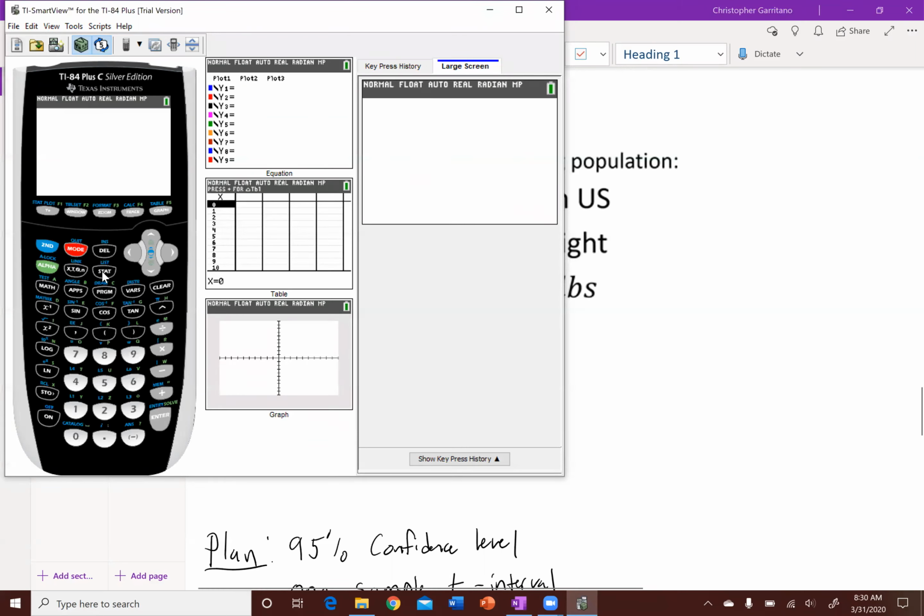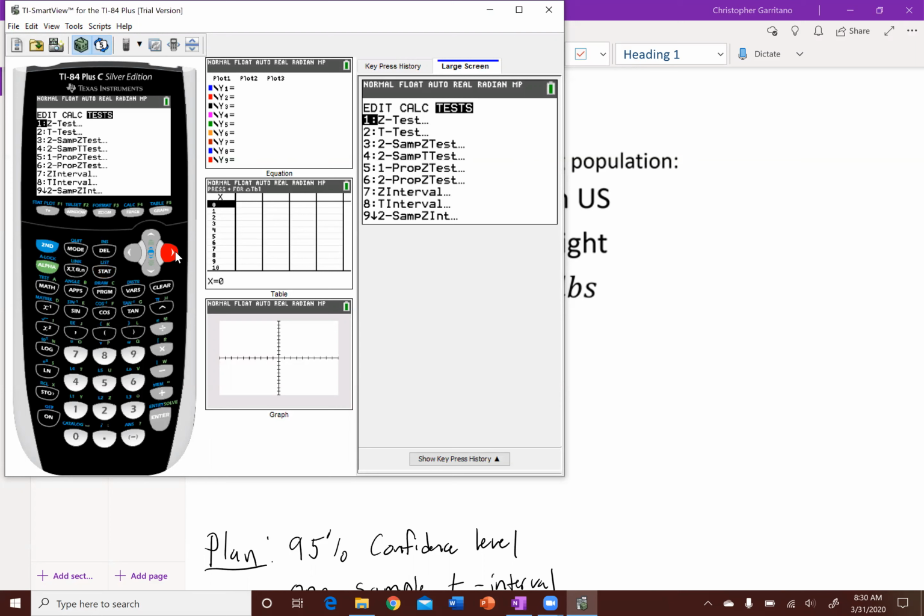So we're going to press stat, and we're going to scroll over to tests. This screen is going to be extremely useful to you. This is where all the hypothesis tests and all of the intervals are. So in this situation, we want that option 8, the T interval. We're going to scroll all the way down, or yes, I could press the number 8. Oops, I'm past. All right, enter.